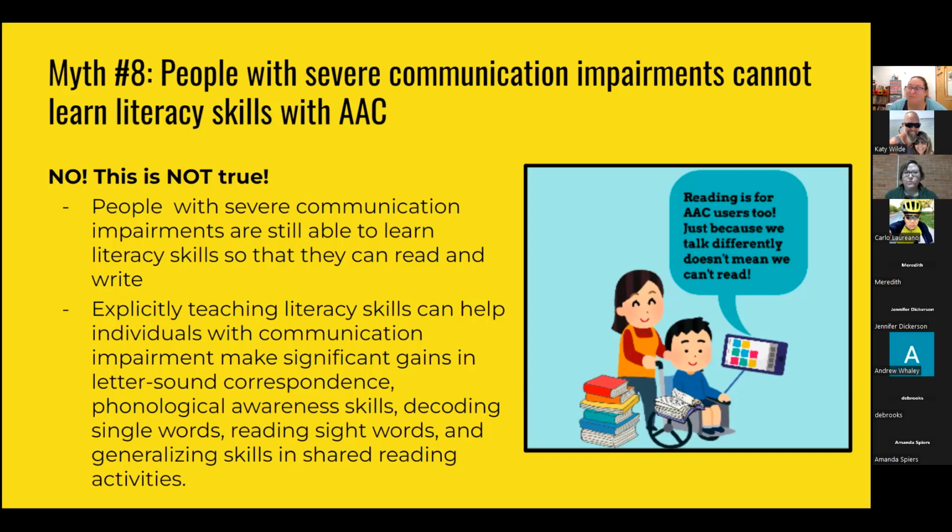There are many ways to teach all of our complex communicators how to read, how to write, and how to participate in their academics, just as their peers do. They just have a different output system. So we want to dispel that myth right away because literacy is absolutely a requirement for everybody, and our AAC users should not be excluded from that.